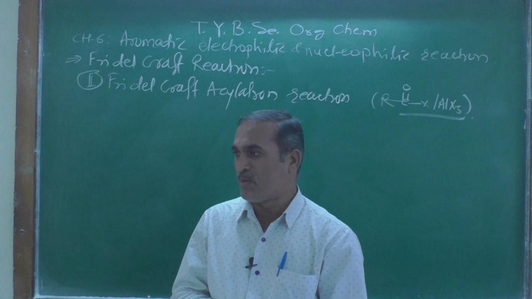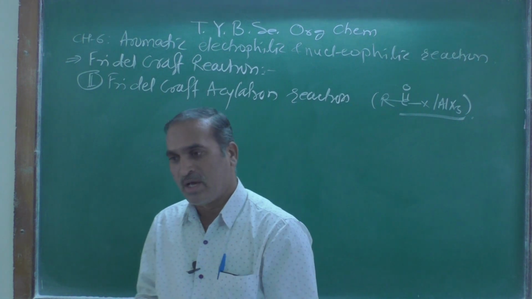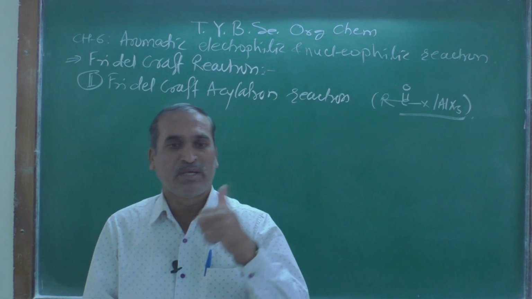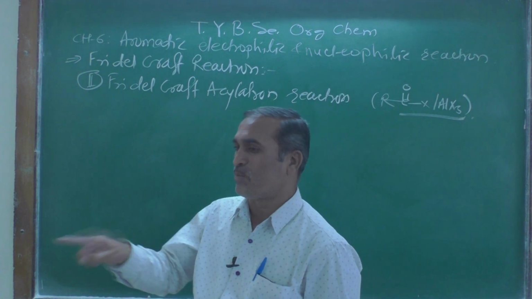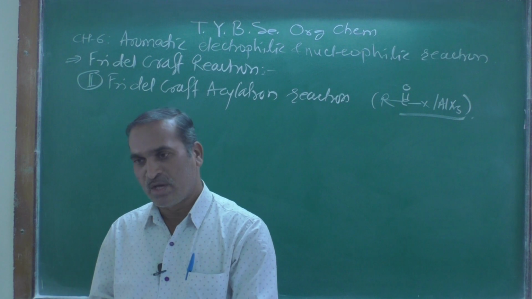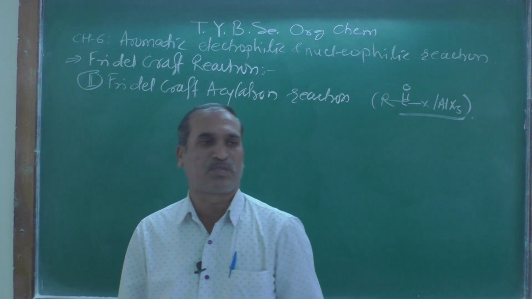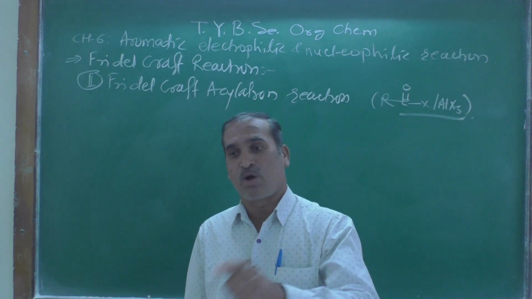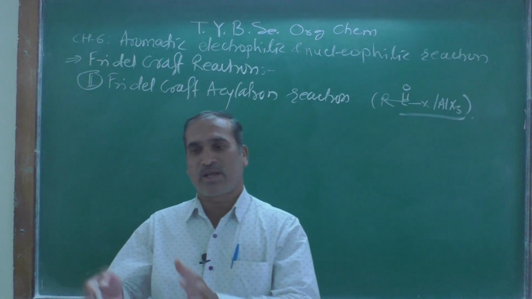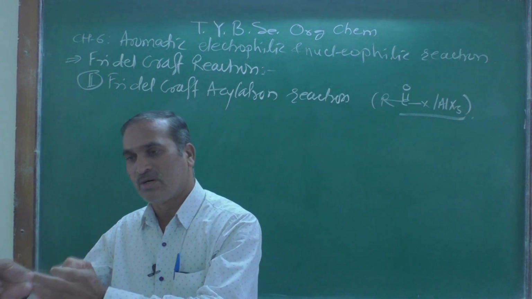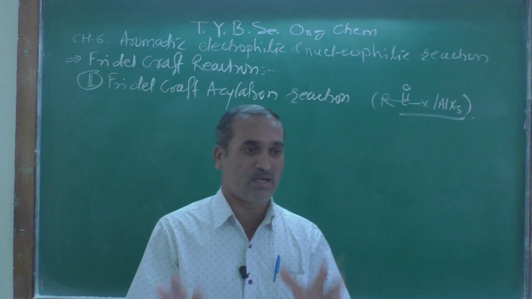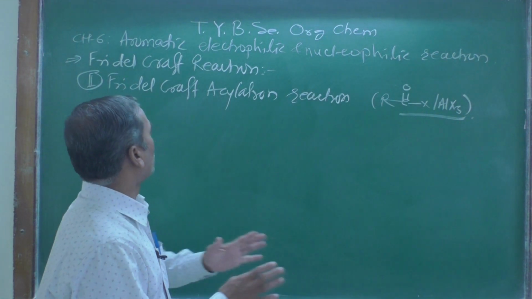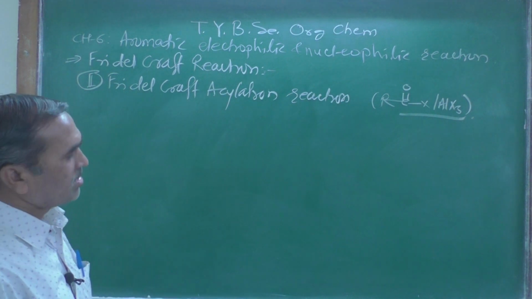The last step is aromatization. The driving force behind the formation of the substitution product is aromatization, and we get back the aromatic compound. So this is known as the Friedel-Crafts acylation reaction.